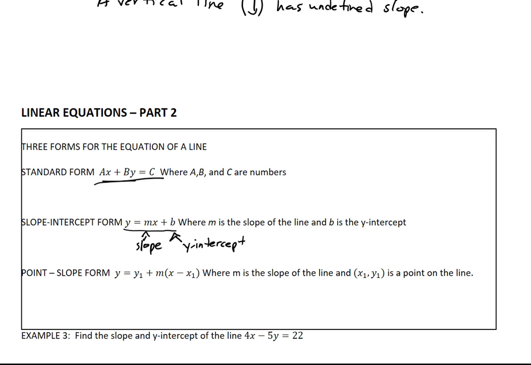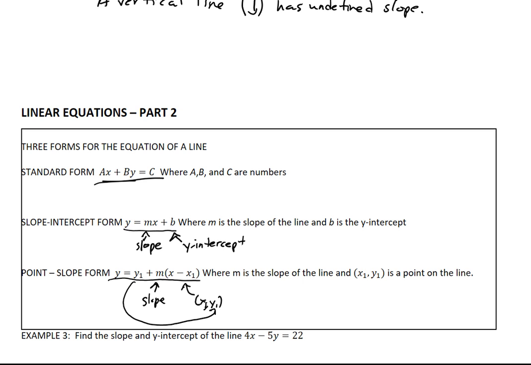My favorite though is point-slope form. It's easiest to work with, it's quickest, you have to do fewer calculations. m is still the slope, and this is the x1 from the point here, and this is the y1 from any point on the line.